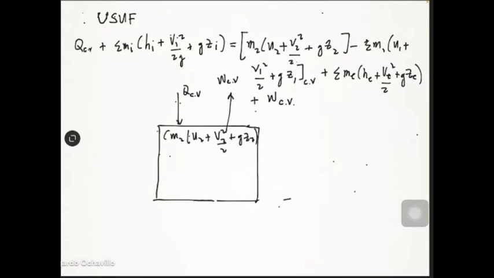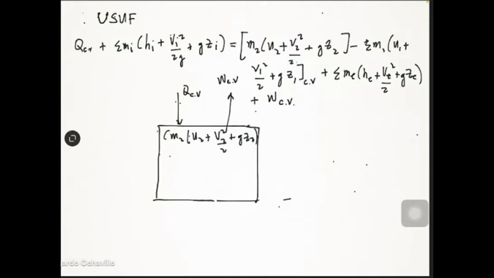Okay, so this is your control volume. You have the initial mass and the final mass, and you have energy that is entering and energy that is leaving. This is the real process, of course. If you have the USUF process here, this is the uniform state, uniform flow. This is your real process.